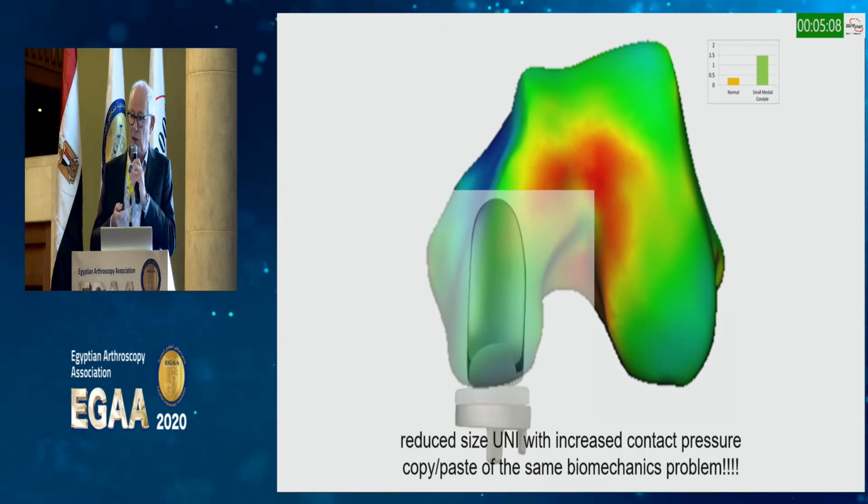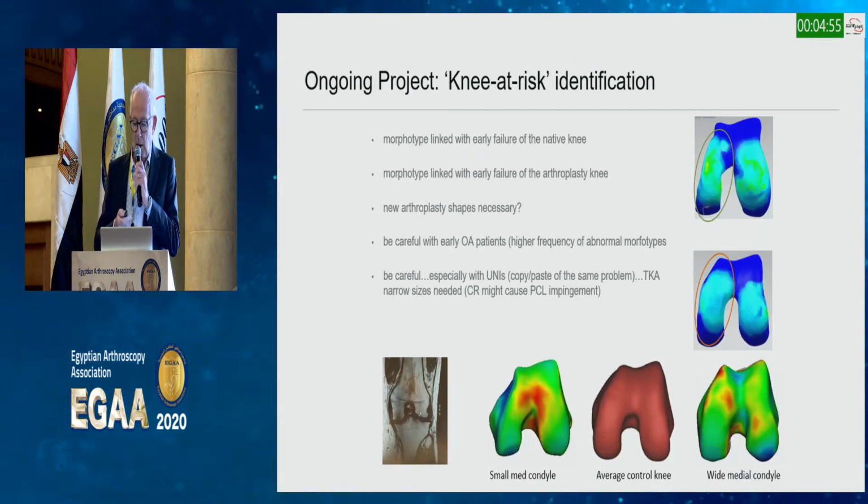But if you take a smaller size, you increase the pressure on this particular implant, and maybe this may be an element for loosening. You never know. So we need to think about this and look at knee at risk identification, because we may think it is linked to early failure of the native knee.